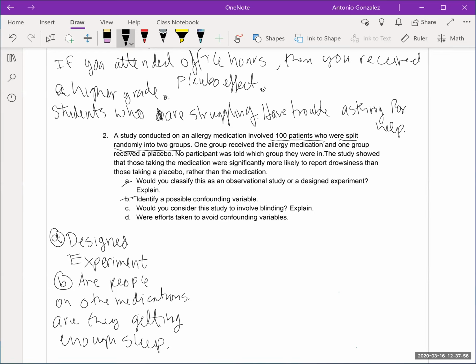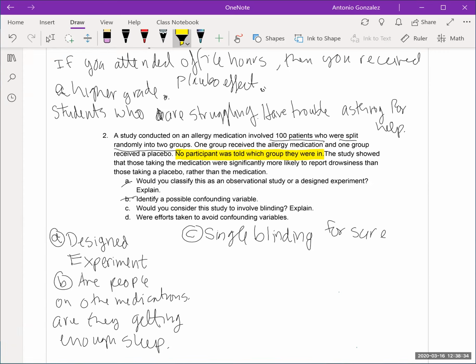All right, now let's look at C. Part C says, would you consider the study to involve blinding? Explain. Now, definitely single blinding. For sure, right? And again, what tells me that is this part right here.